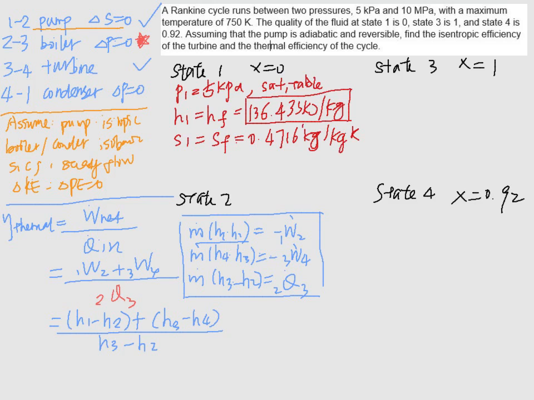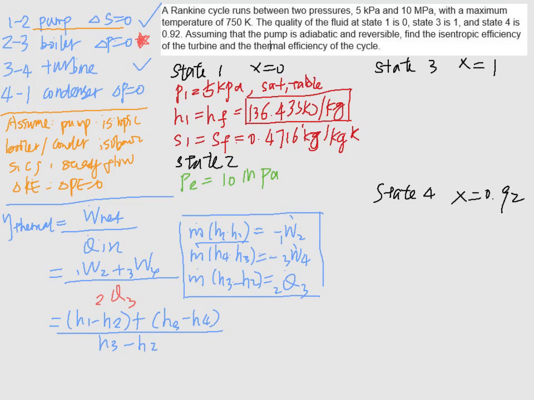Now moving on to state 2. I'm going to move my state 2 a little above here. For state 2, we know that P2 is 10 megapascal, and it's also an isentropic pump. Originally we said that from state 1 to 2, it's an isentropic process.